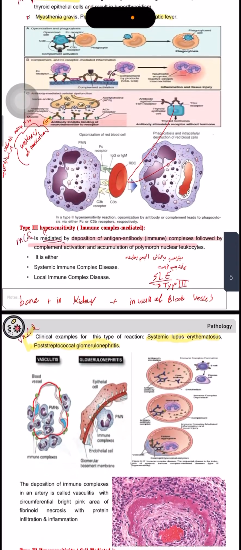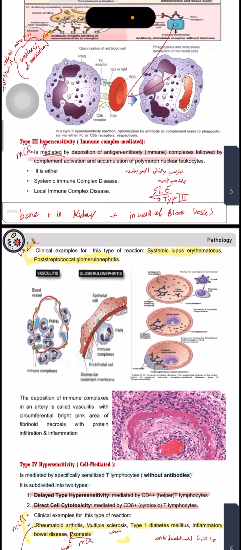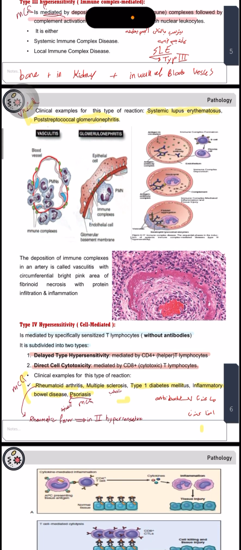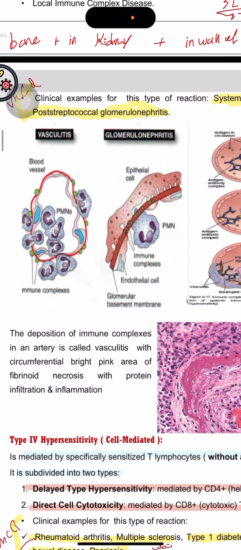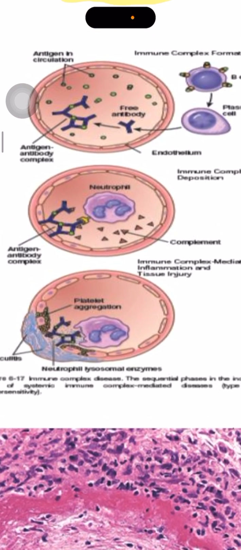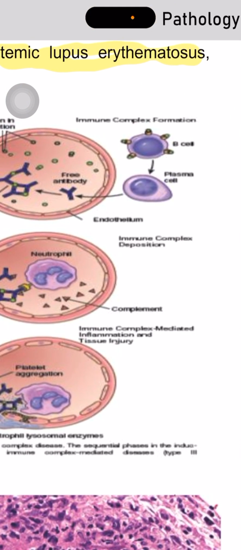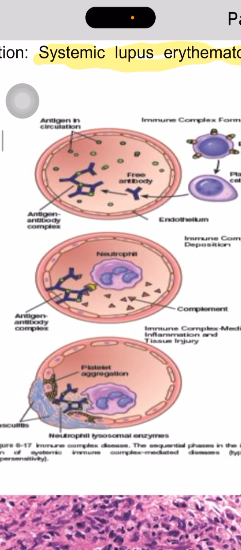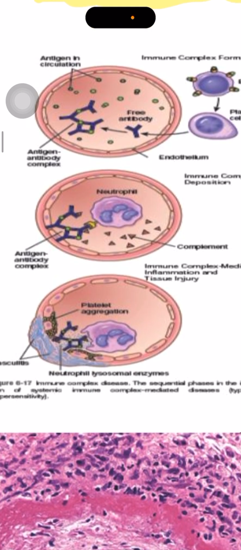Type 3 is formation of immune complex. It may be either systemic or local formation of immune complex and complement activation, as in vasculitis of arteries or in glomerulonephritis in the glomerular basement membrane, as we see here. Plasma cells and B cells release antibody that interacts with the antigen, forming an immune complex on the endothelium.